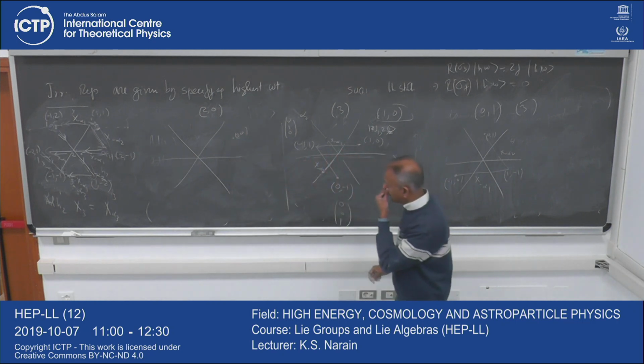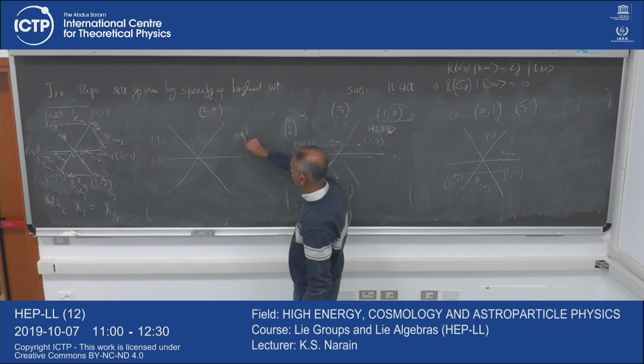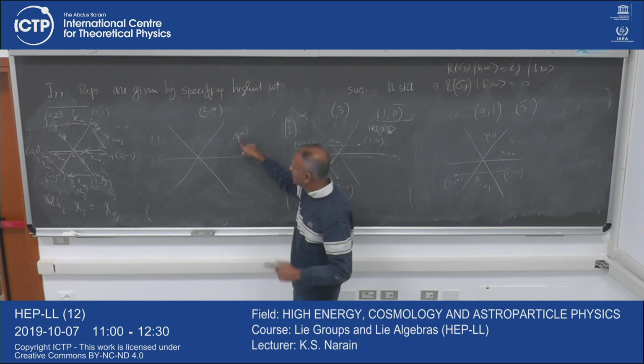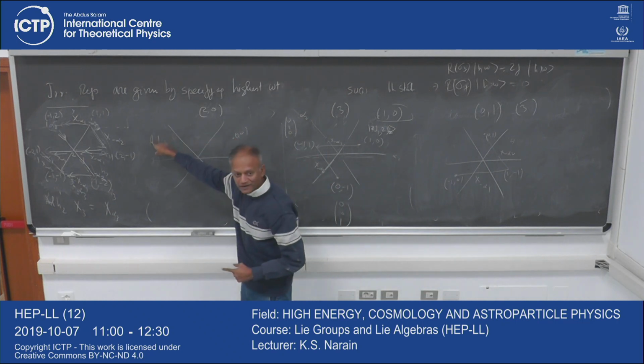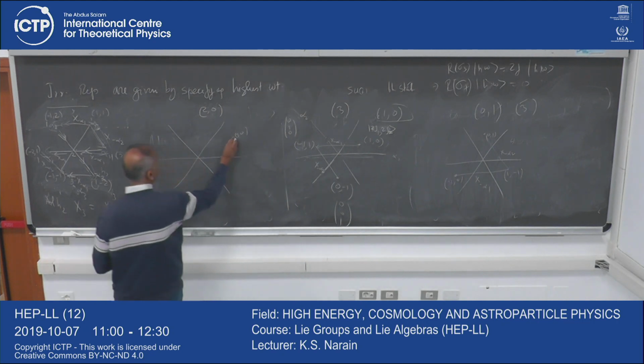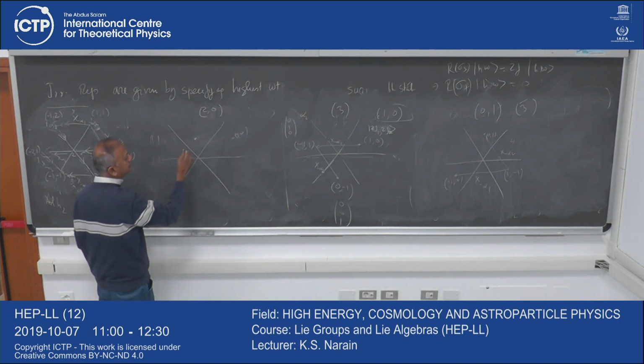Okay. So again, this tells me that this is a singlet of the second SU2. 0 tells me it's a singlet. This tells me it's a triplet. So spin 1. So I can apply 2 times the lowering operator. Right? So first time I apply the lowering operator, I'm going to get somewhere here, which will be 0, comma 1.